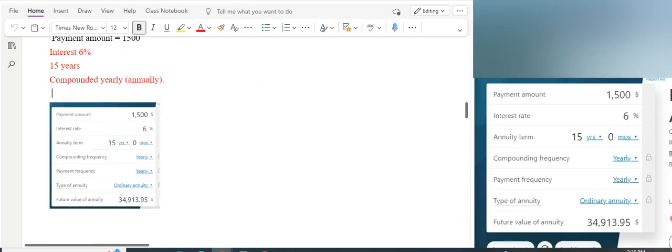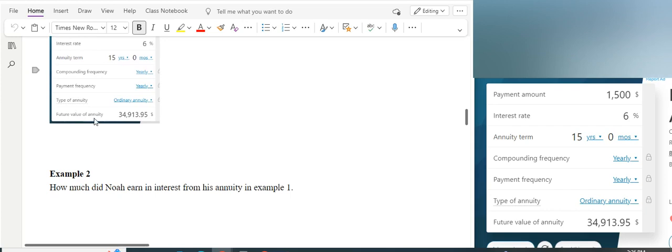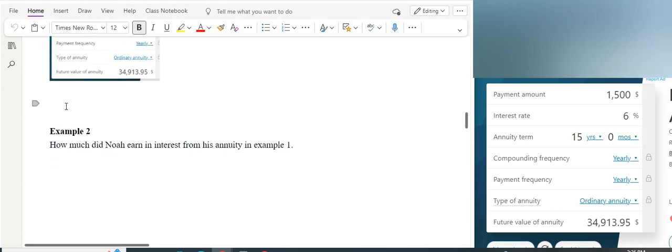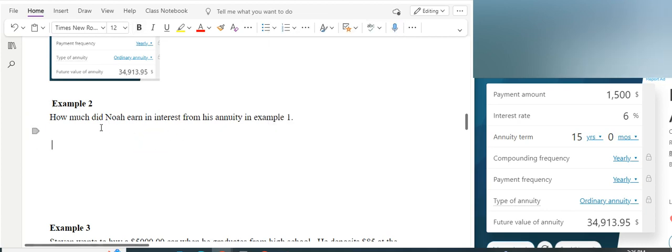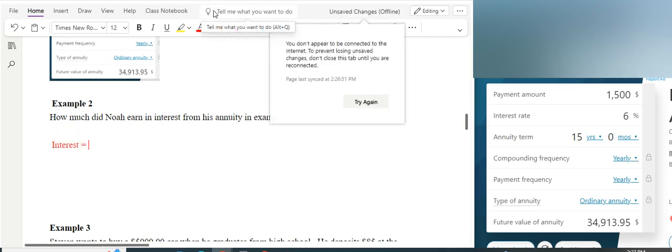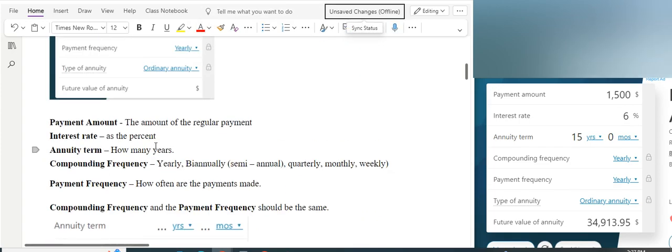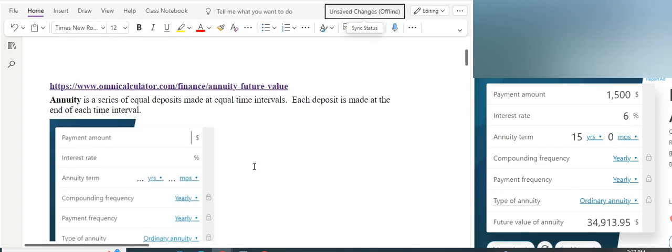And so for these things, that's the main idea that we're going to be doing. There is still some calculator work we can do. So for example, how much did Noah earn in interest for his annuity in example 1? And so the formula for the interest will be equal to the future value minus, and these are called future value of an annuity because remember, we're saving this for the future.